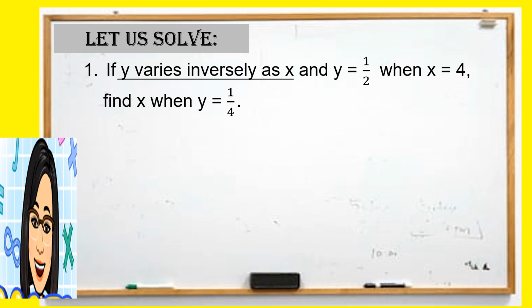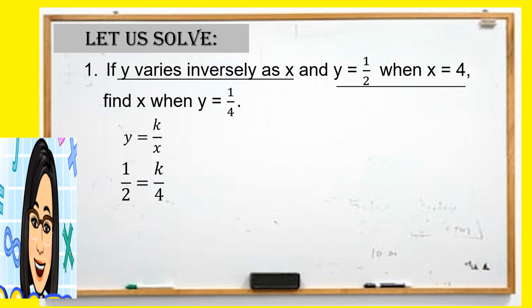So it is y equals k over x. Using y equals 1/2 when x equals 4, let us solve for the constant of variation. By substitution, 1/2 is equal to k over 4.